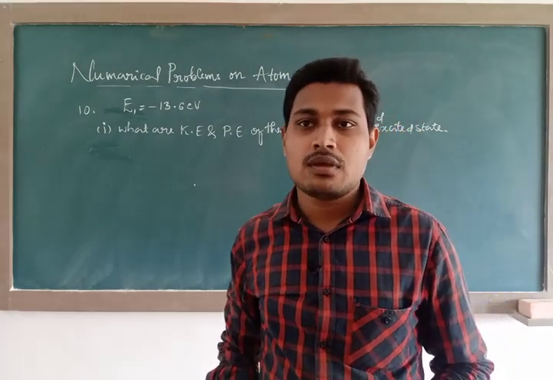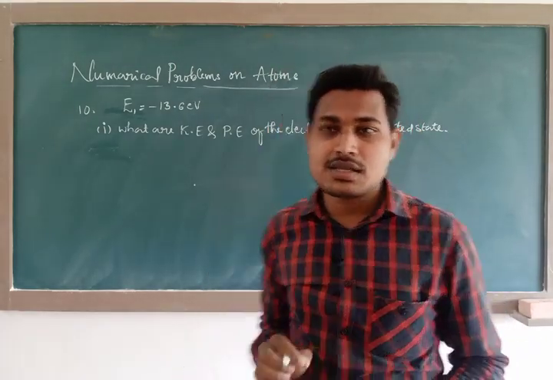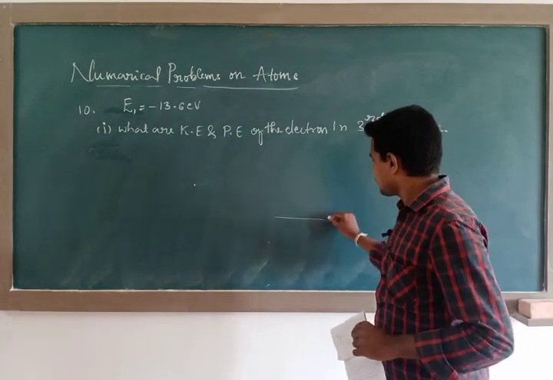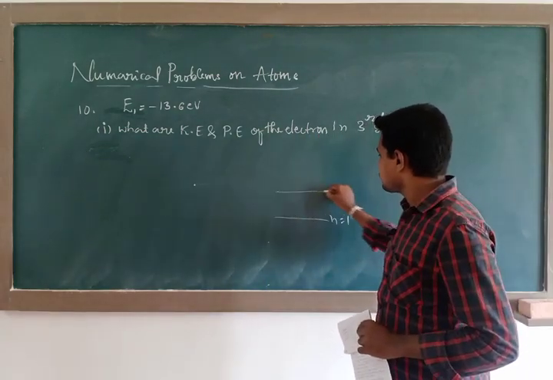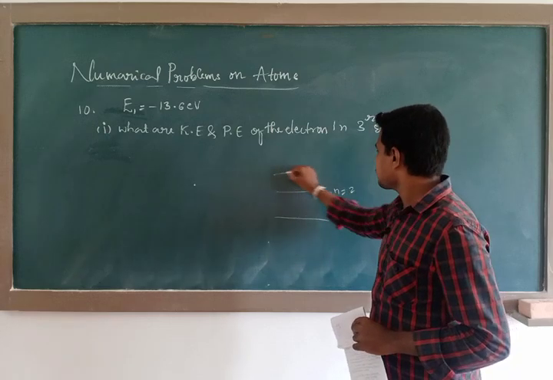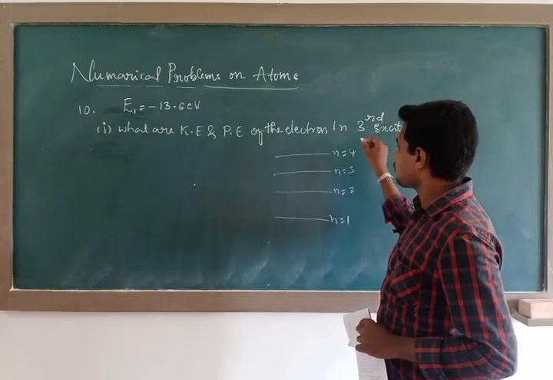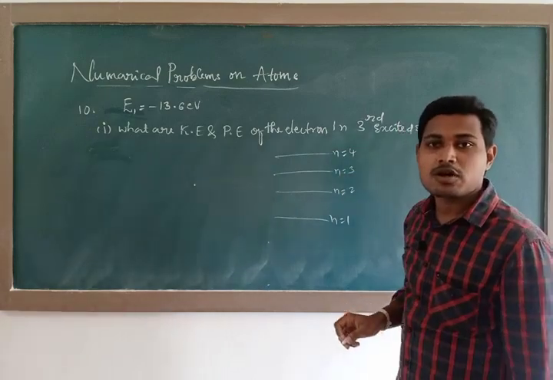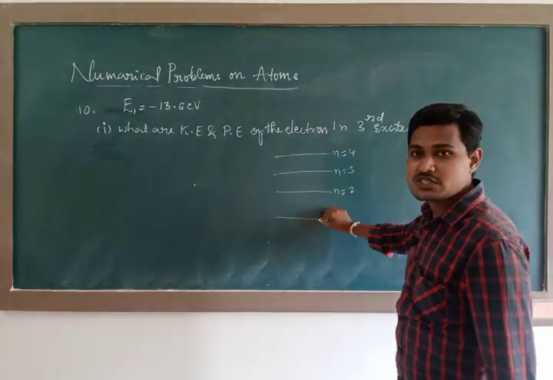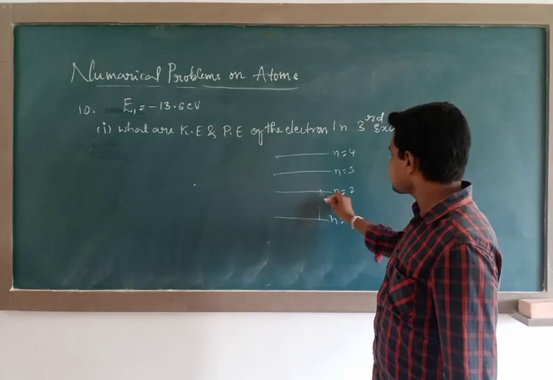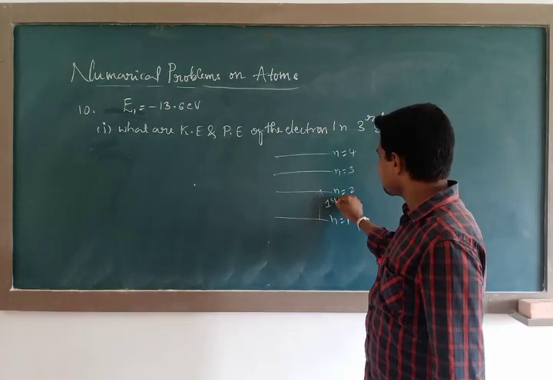See, first excited state means, say n is equal to 1, say n is equal to 2, say n is equal to 3, say n is equal to 4. When the electron makes a transition from the first orbit to the second, we say that it is first excitation.